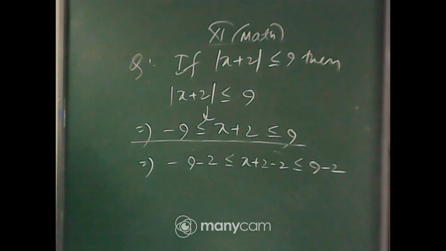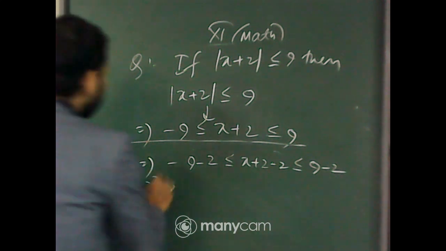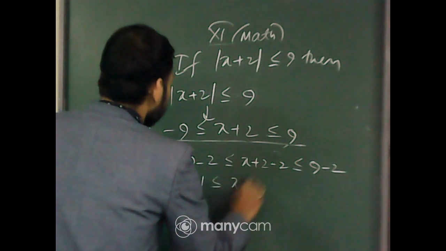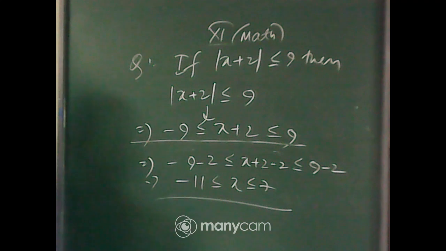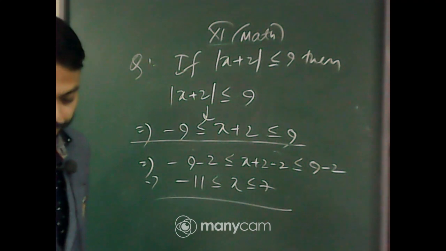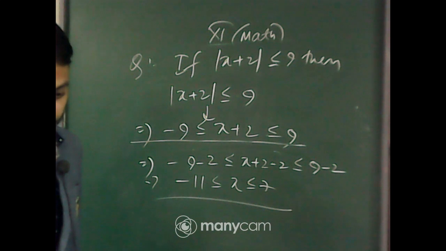I am subtracting 2 from all these three. It will give you -11 ≤ x ≤ 7. Now it is clear.